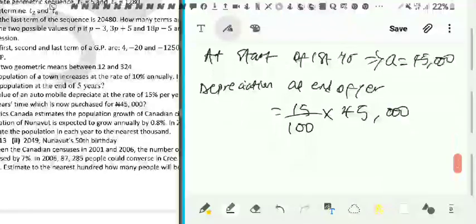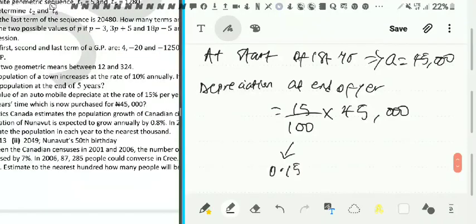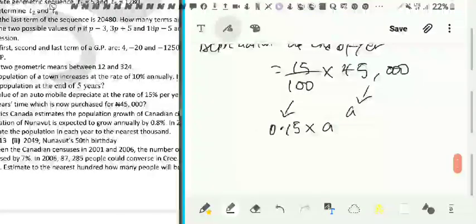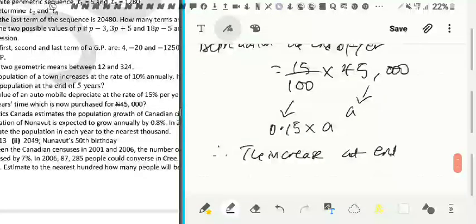Now we're going to be using the previous logic. This 15% is 0.15, and this 45,000 is our A, so 0.15 times A. So the decrease at the end of the first year is A open bracket 0.15.